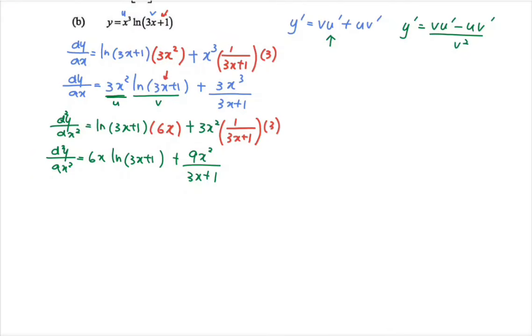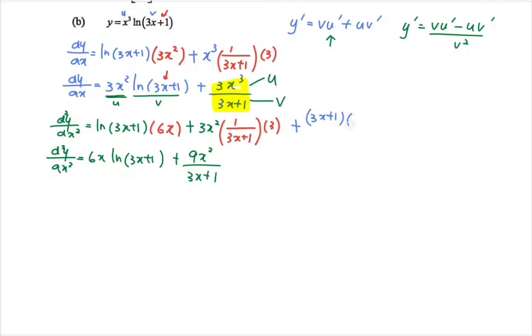Next, we have to focus on the second part, where we have this part. So let's say here we name it as u, here we name it as v. So making use of the quotient rule. So plus the situation where we have the v, so we have 3x plus 1, multiplied with the v u prime.